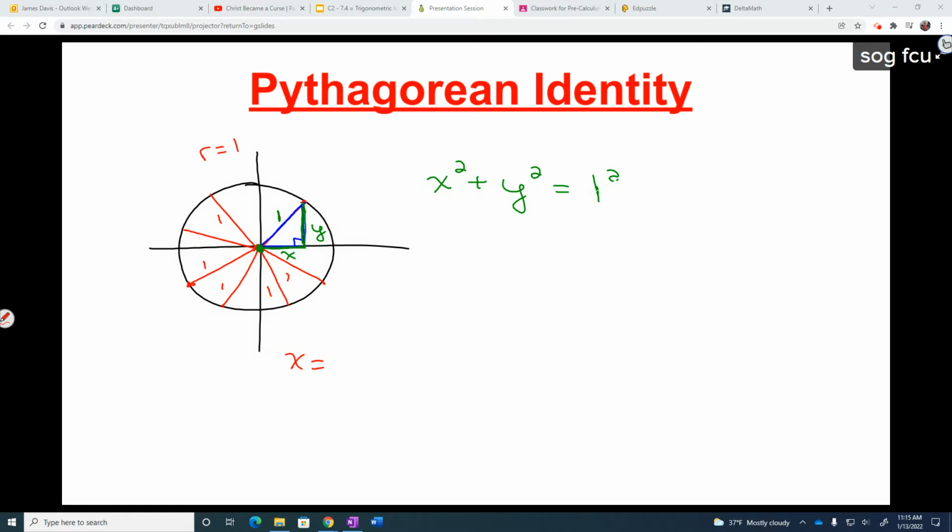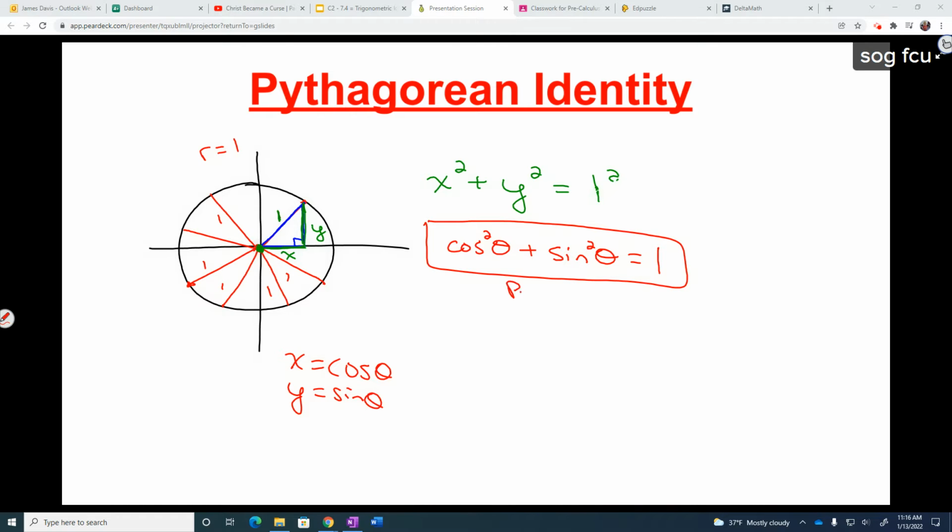So x is the cosine of theta, and y is sine. So if this is x squared, we could write that as cosine squared, and y is sine, so that would be plus sine squared. 1 squared is just 1. And this is what we call the Pythagorean identity.